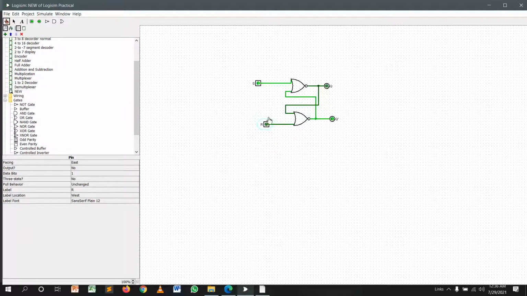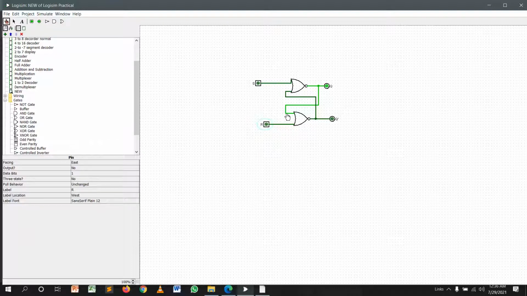Then I show that set is input. You can see Q bar is 1. Then you change those two values to 0. You see it does not change. Then I again input reset as 1. You see Q is 1. Then I again set reset and set also to 0.